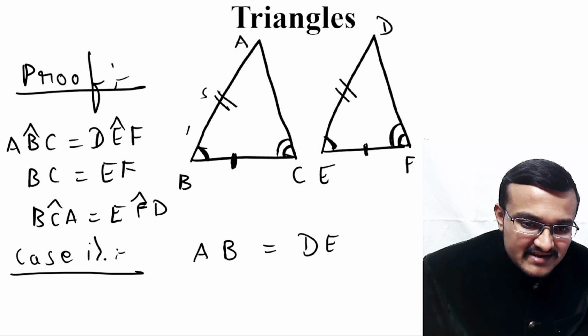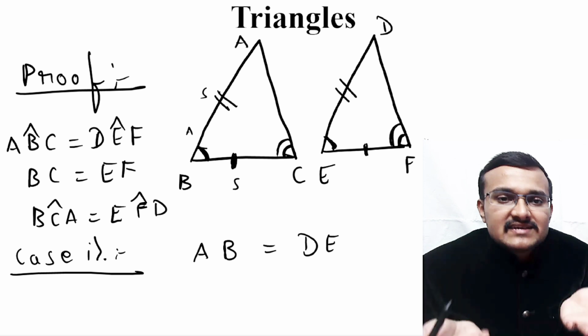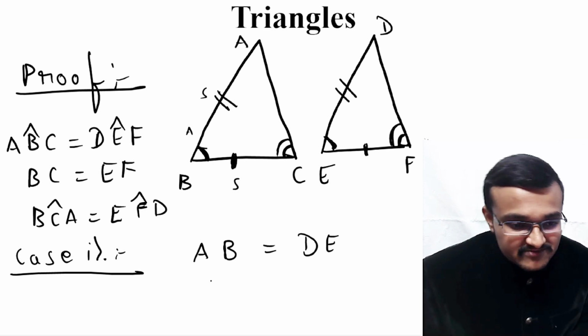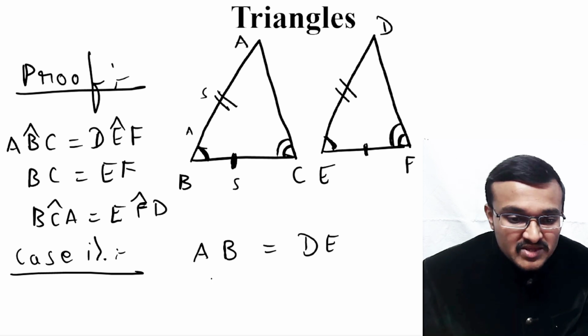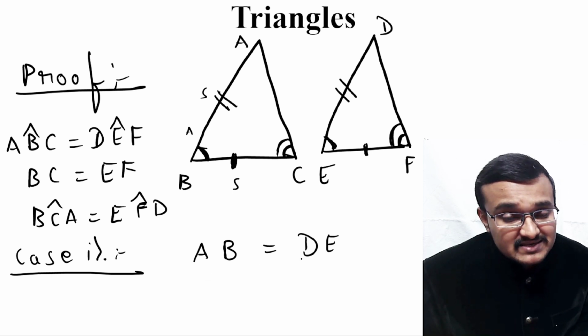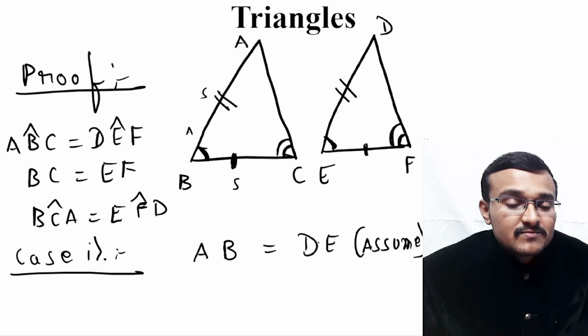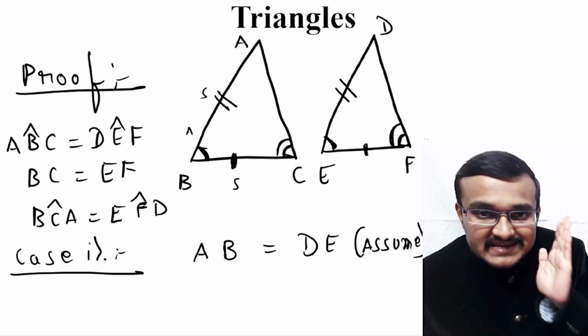So that means side, angle, side are equal to each other. According to the SAS postulate, these two triangles are congruent with each other. This is case 1, where I am assuming AB is equal to DE.